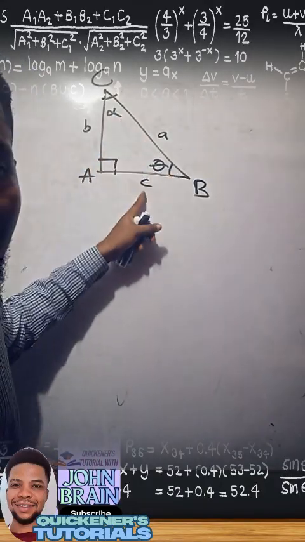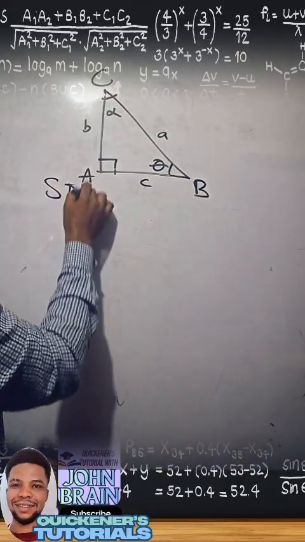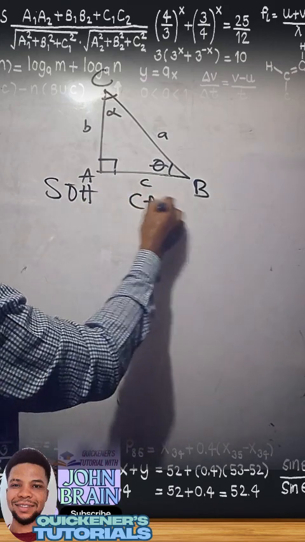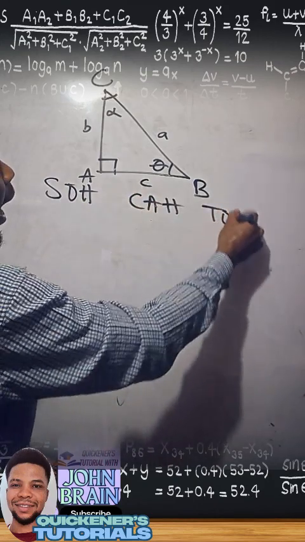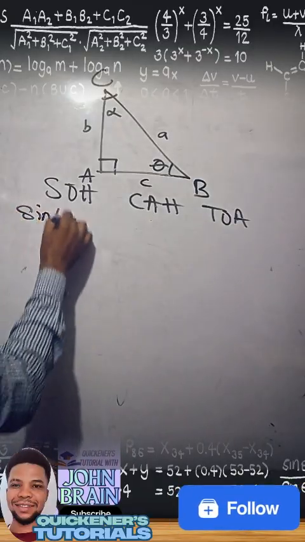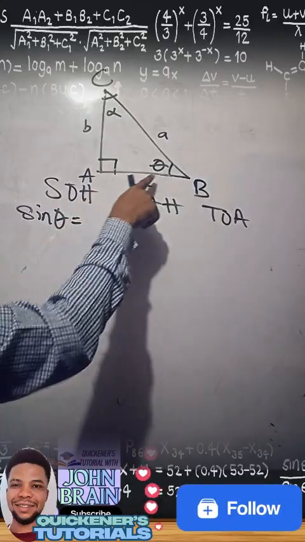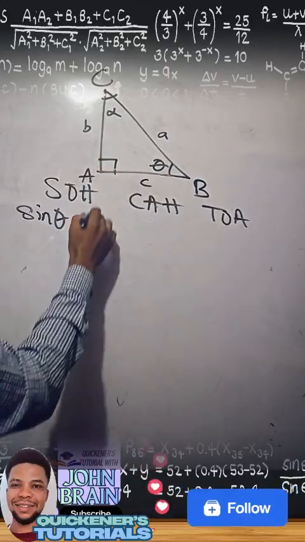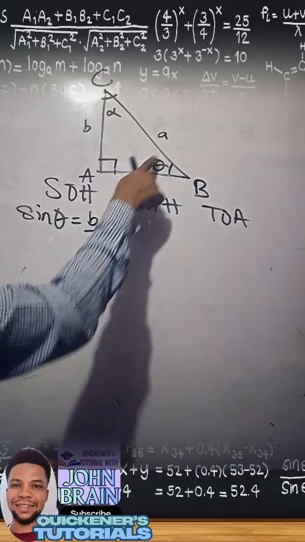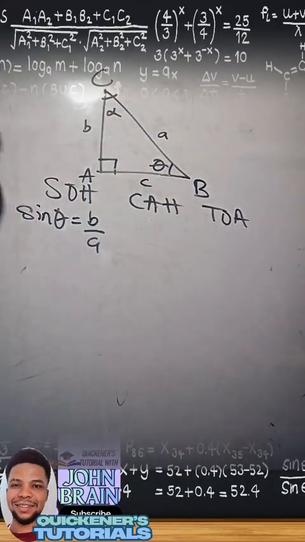So what that means is that my sine theta, which is opposite over hypotenuse, will now be opposite. What is opposite to theta? B over A. Hypotenuse is permanent. Remember I said that is the permanent side.